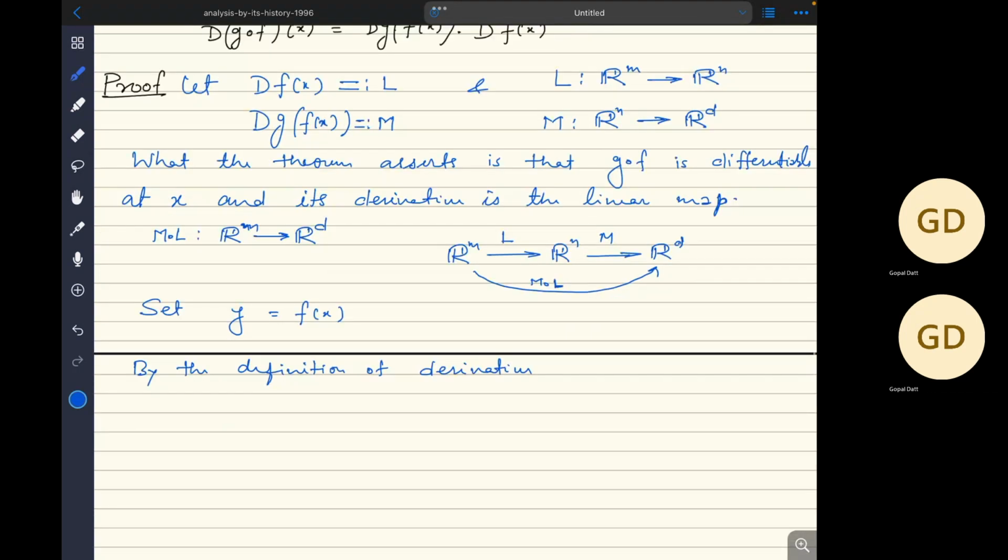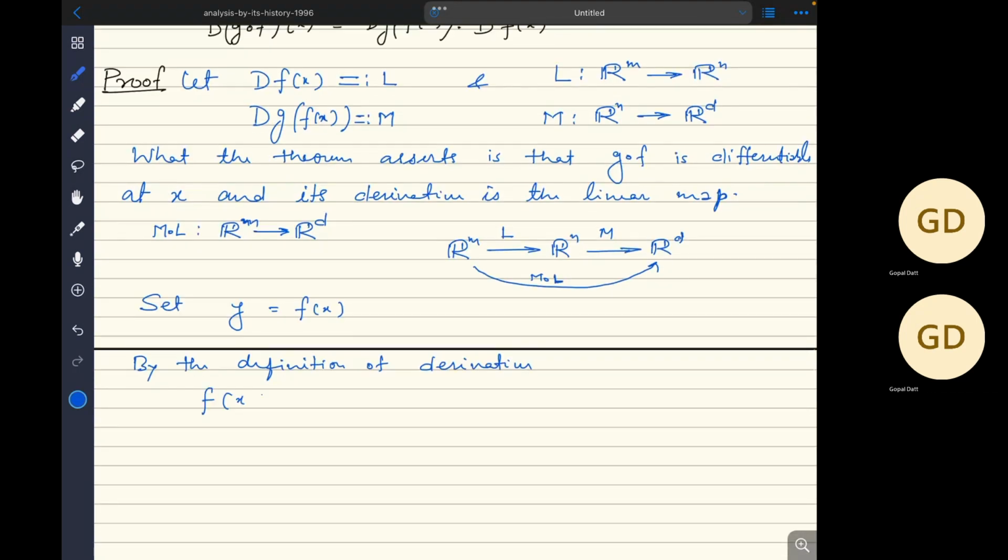This means f(x+h) equals f(x) plus L(h) plus norm h times r(h), where limit h goes to 0, r(h) is 0.